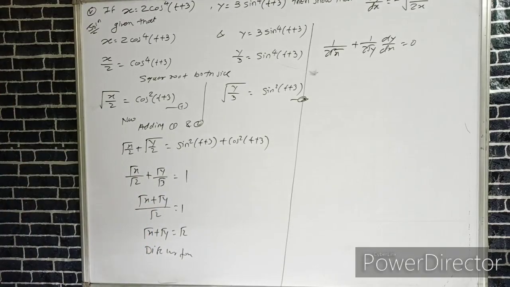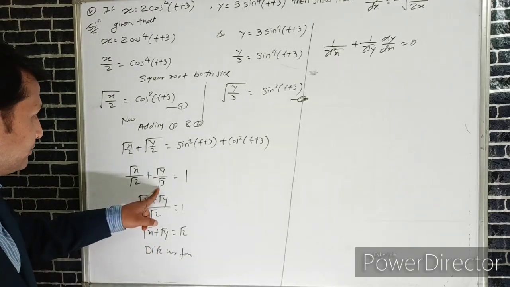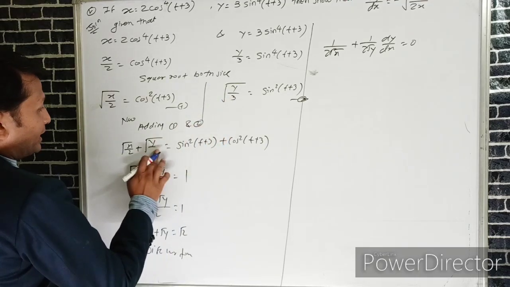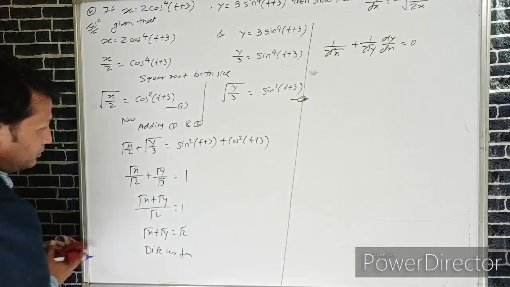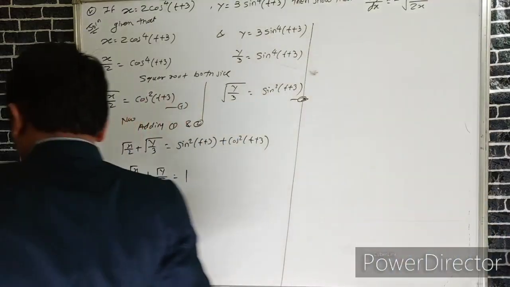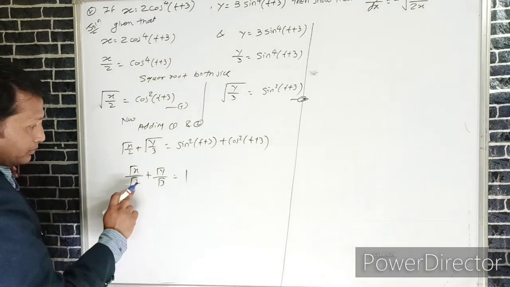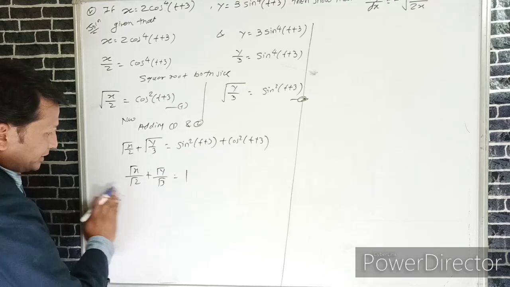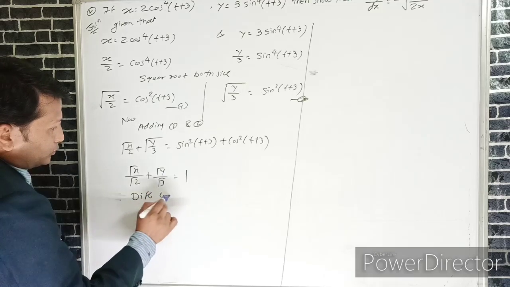Now again we repeat from here, because it is not y by 2, it is y by root 3. Now we take 1 by root 2 and differentiate with respect to x.